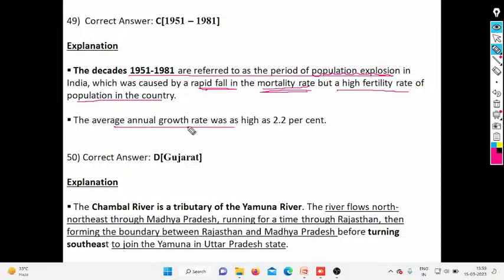The average annual growth rate was as high as 2.2%. Population explosion.